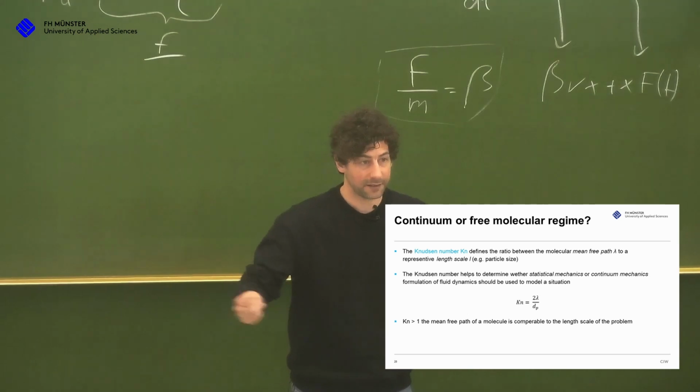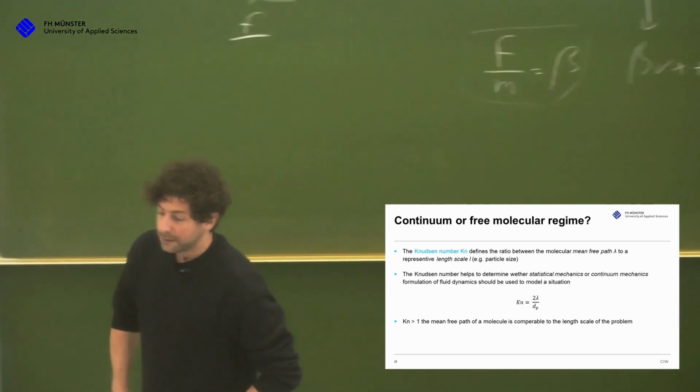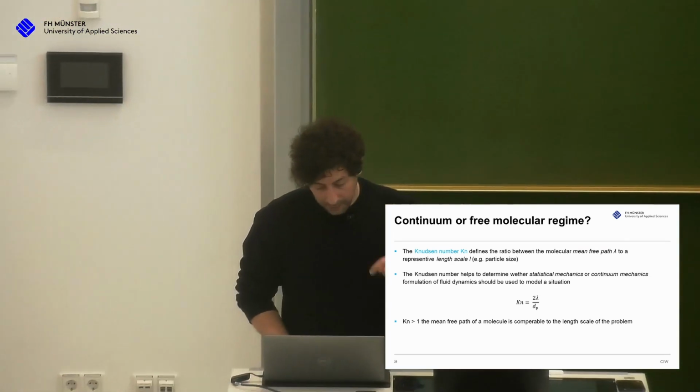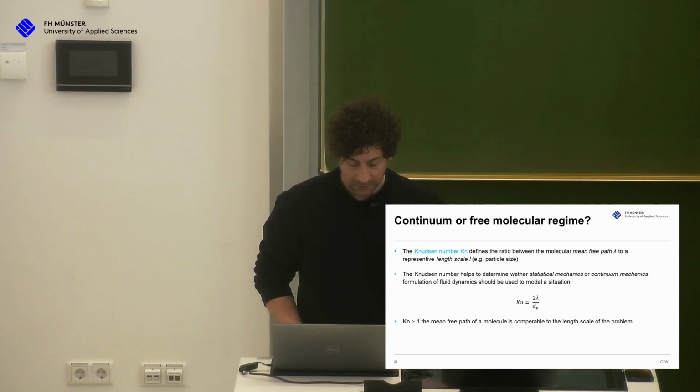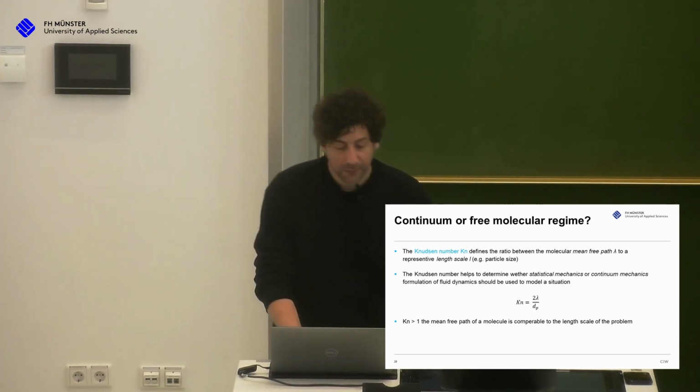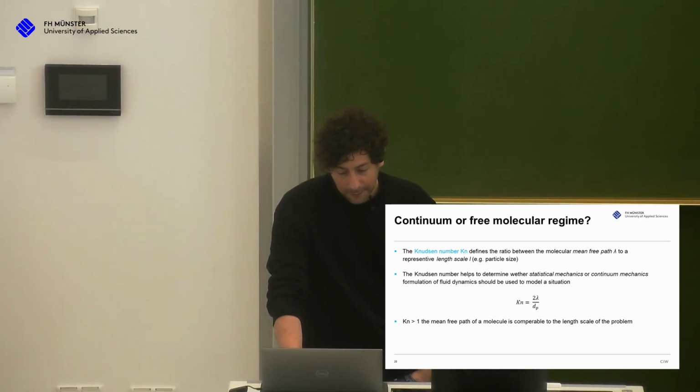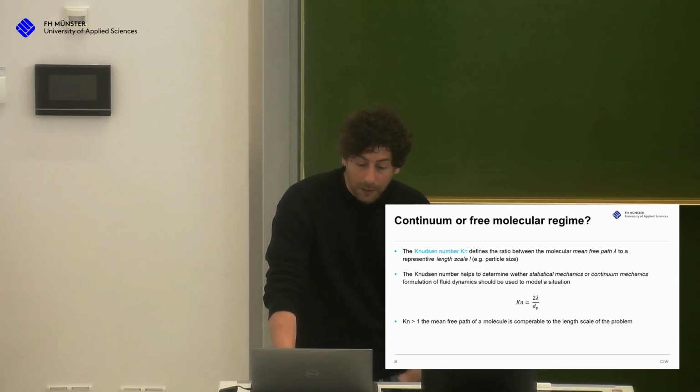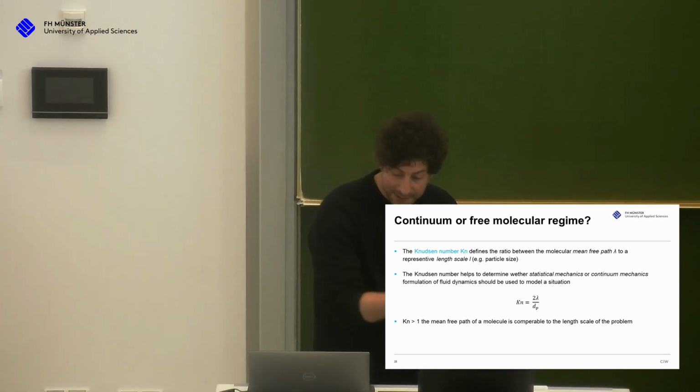That's our length scale. And the mean free path is something we will see in a minute. So we divide 2 times the mean free path by the particle size, and this will give the Knudsen number. And if the Knudsen number is larger than 1, the mean free path of a molecule is comparable to the length scale of the problem.